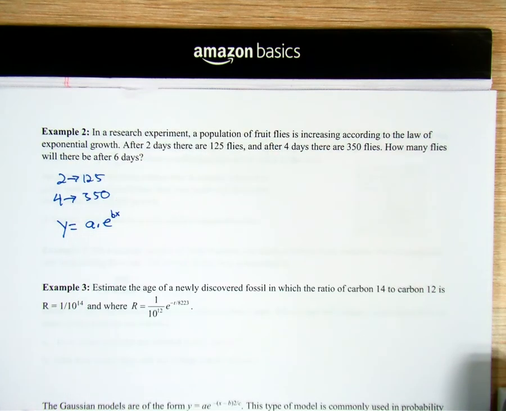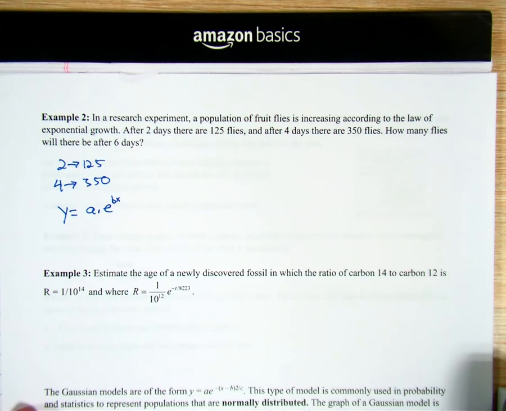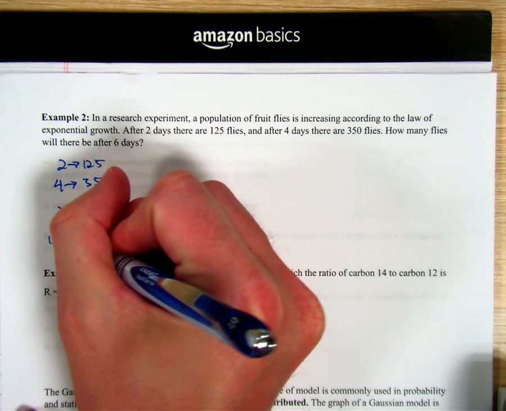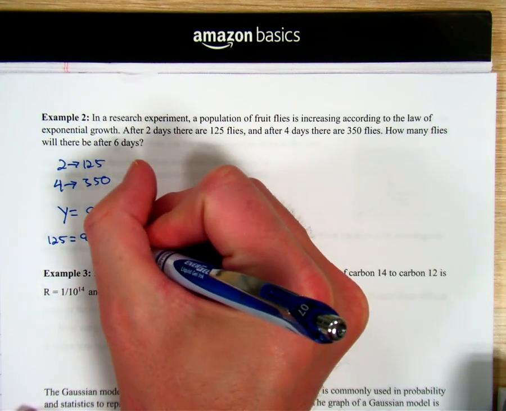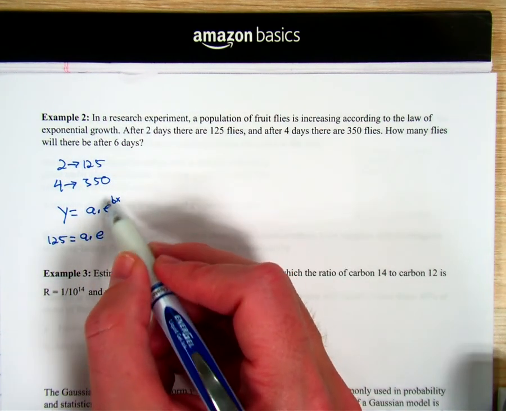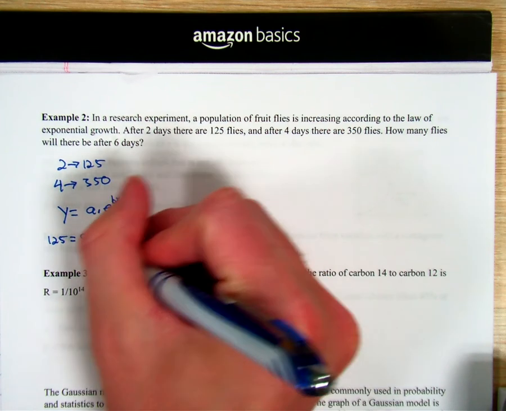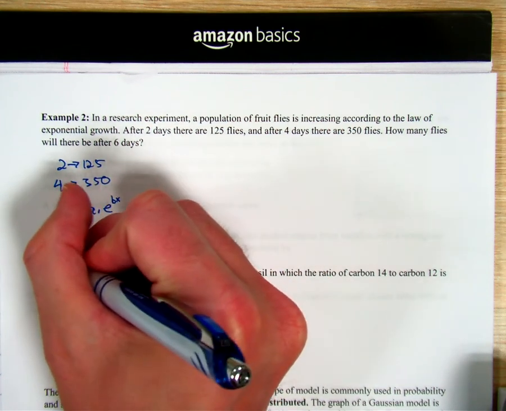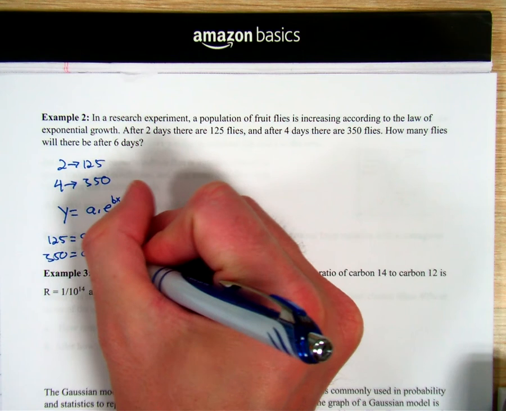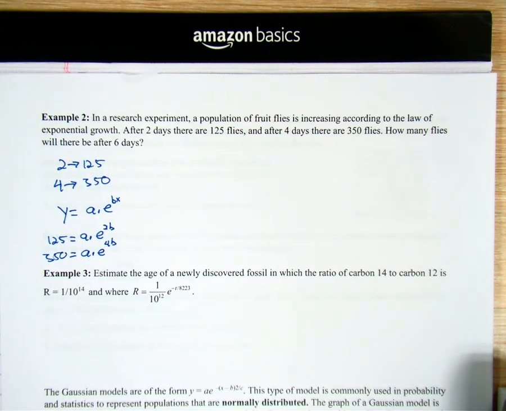Okay, and we just know our x and y. So we have 125 equals a times e, and we're going to turn it around. It does say bx, but we know x, so we're going to put 2b. And we also have 350 equals a times e to the 4b.